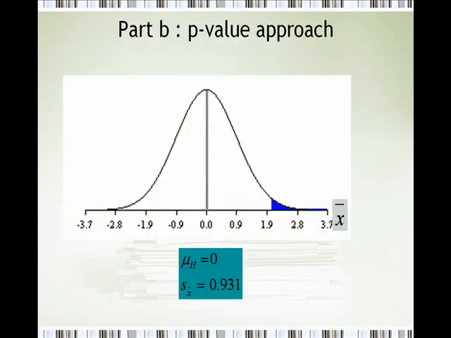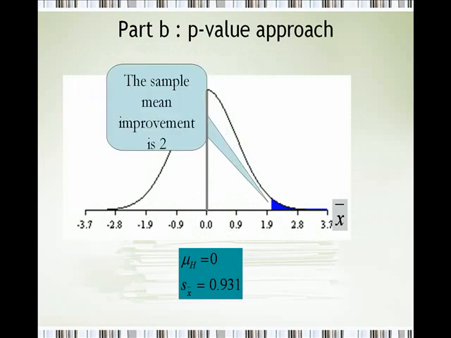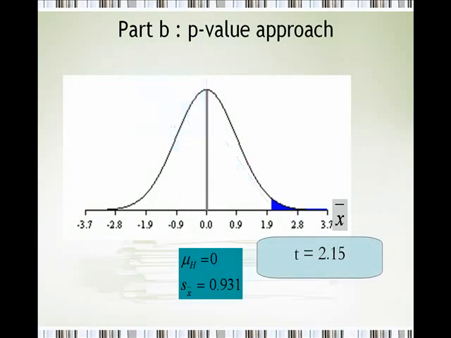Now we'll look at the p-value approach. We have our sampling distribution here, distribution of the sample mean, hypothesized population mean of 0, and a standard error of 0.931. So our sample mean was 2. We calculated the t-test to be 2.15.